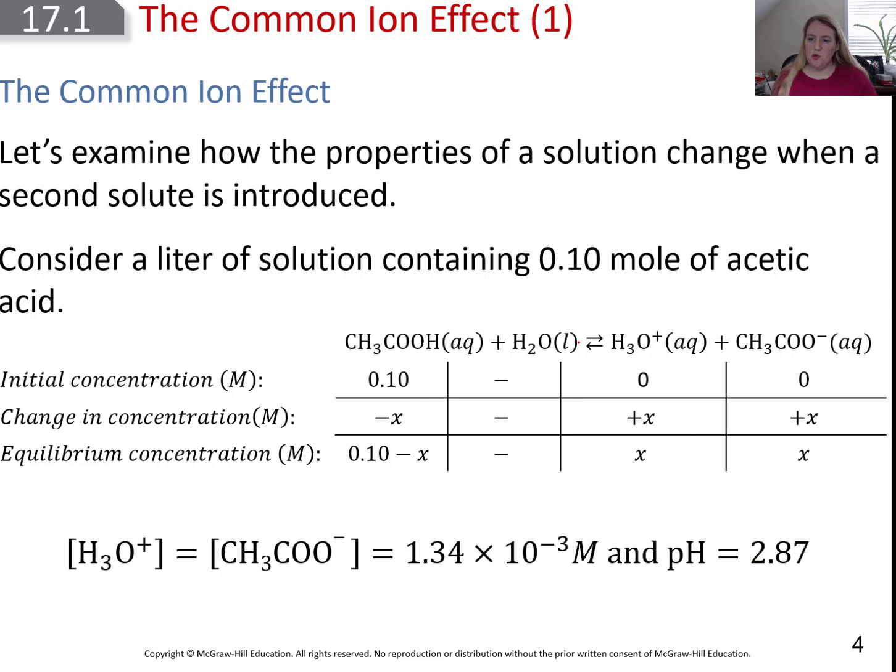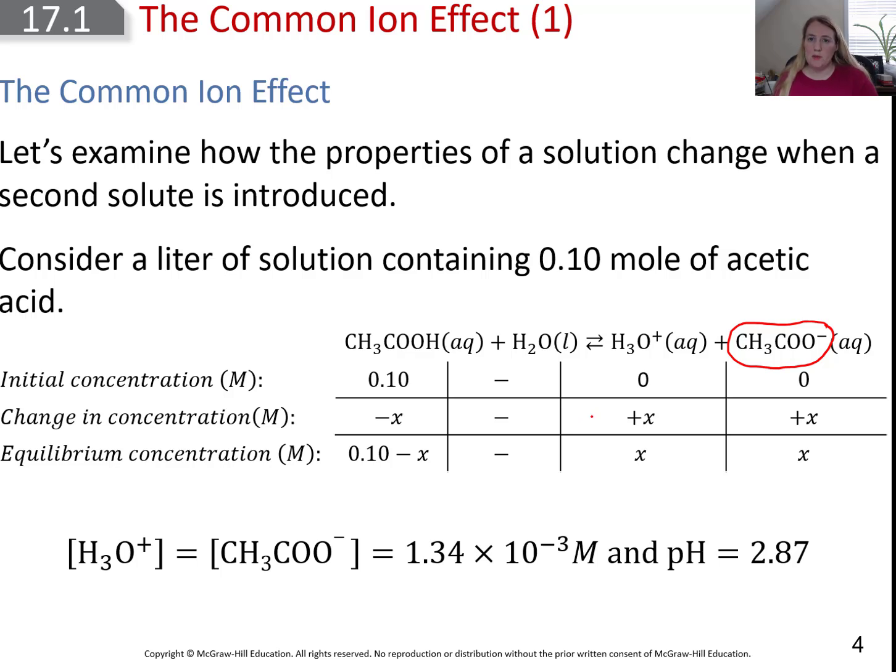The arrows go both ways. So in Le Chatelier's principle, back from chapter 15, we learned that we can disturb this equilibrium by adding or removing a reactant or product. If we look over here, this is the acetate ion, and in chapter 16 we learned that salt solutions often contain the conjugates of weak acids or weak bases.